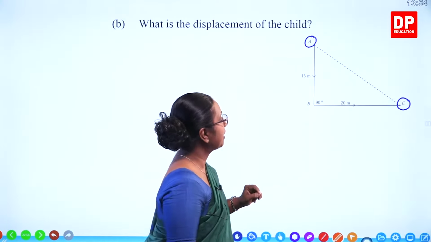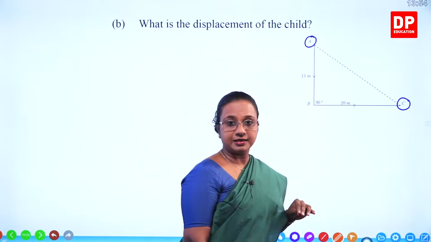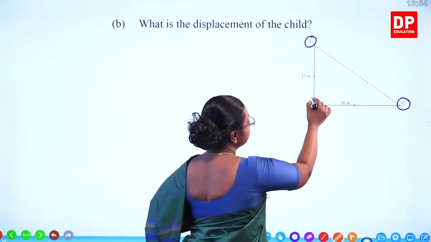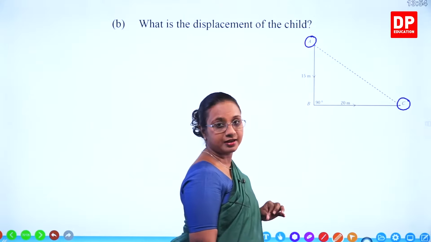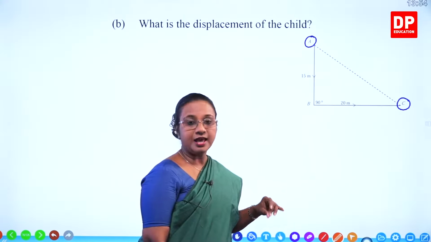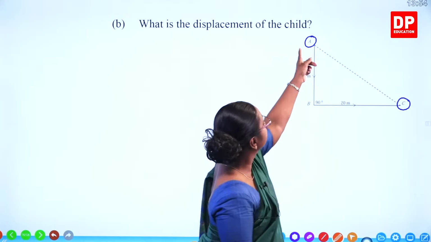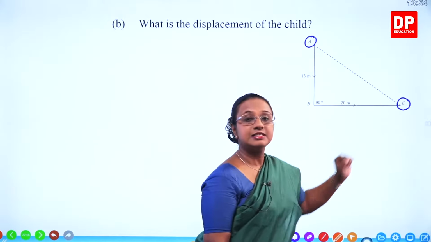And if you can remember, as looking at this particular diagram, you can see that this is a right angle triangle because it is 90 degrees. Therefore, you can apply the Pythagorean theorem and calculate the length of AC.